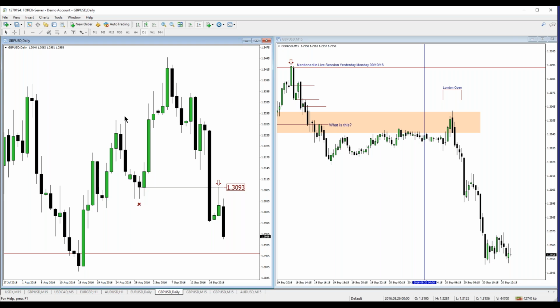Not only did it stop the individuals that were short with stops above this high here, it continued to expand higher, reaching for liquidity where? Above this old high. Okay, so when price comes back down through this consolidation, what would we reasonably expect to see in terms of price, and why?